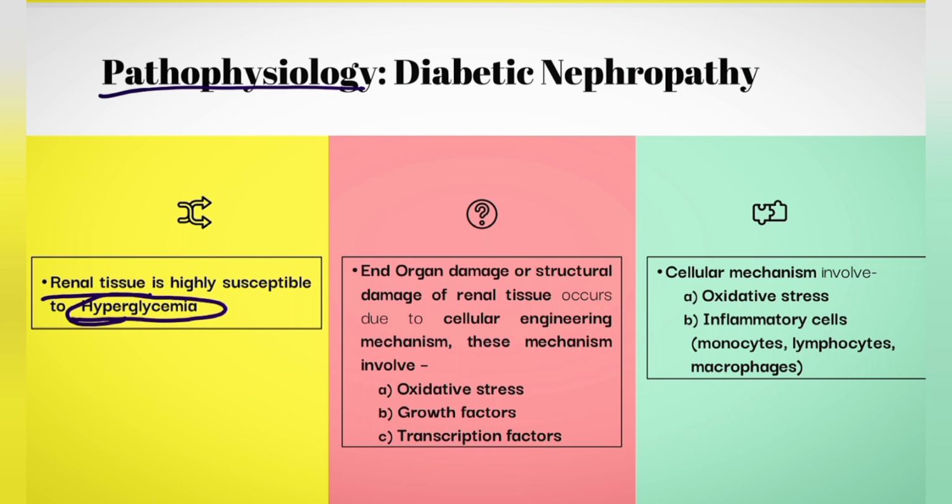The end organ damage or the structural damage of renal tissue because of this hyperglycemia includes many cellular mechanisms, and some of the mechanisms are oxidative stress, growth factors, and transcription factors. This cellular mechanism also involves a few of the inflammatory cells: monocytes, lymphocytes, and macrophages.